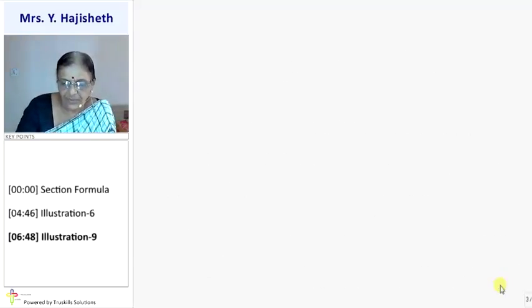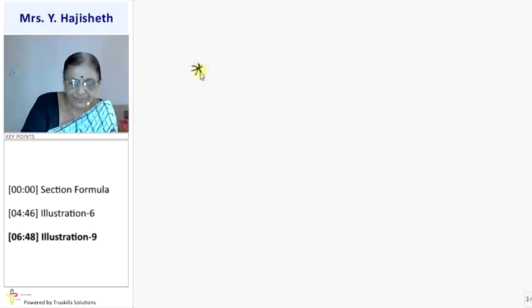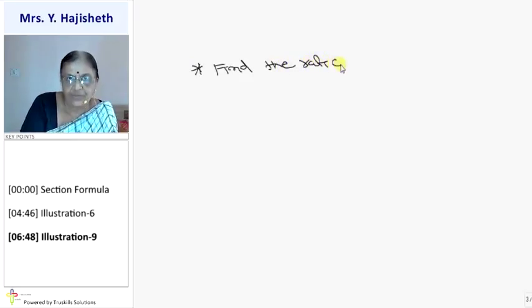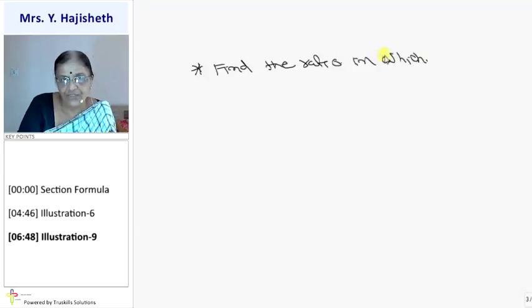Suppose I will give you another example. अब उल्टा, find the ratio. Ratio दिया था और coordinate पूछा. अभी find the ratio in which here coordinates of all 3 points are given and you are asked to find out the ratio.